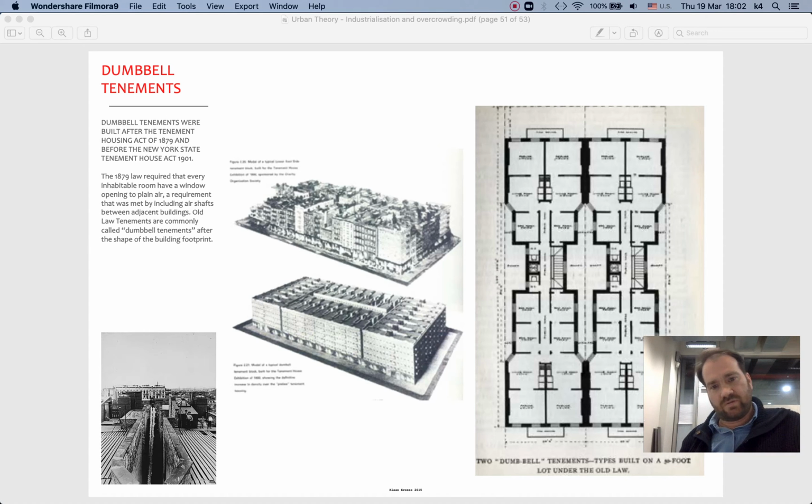Before, it was relatively diverse, very densely packed, but with different types of houses, maybe built at different times, different sizes. Now they're very densely packed with this one typology. So again, the idea is to use repetitive, cheap typology to house as many people as possible.